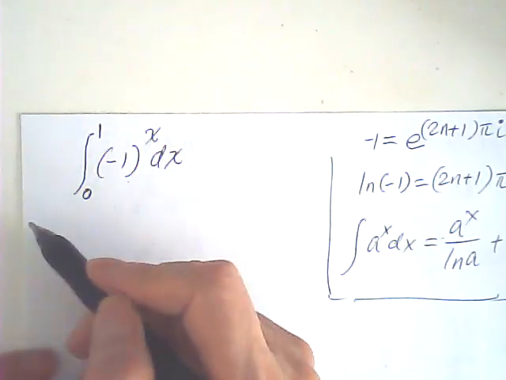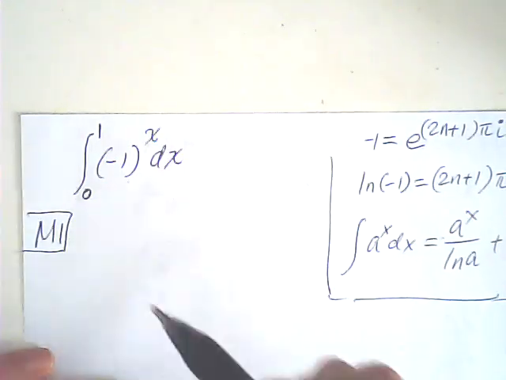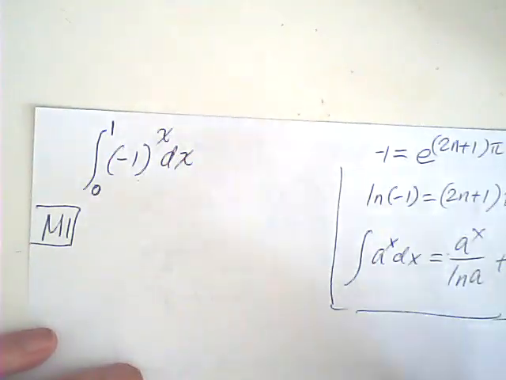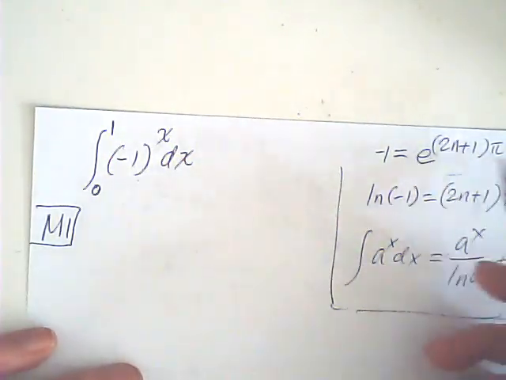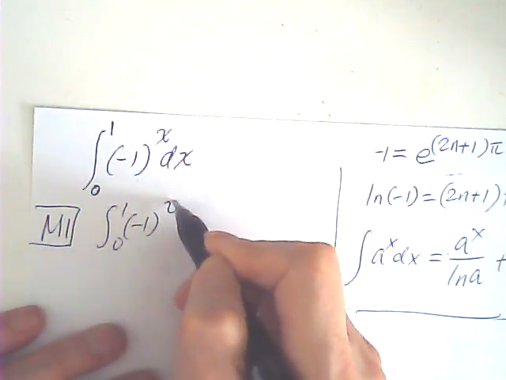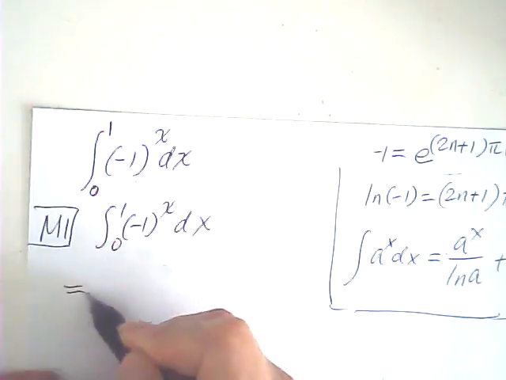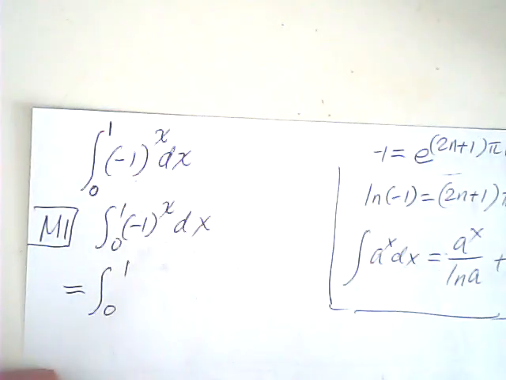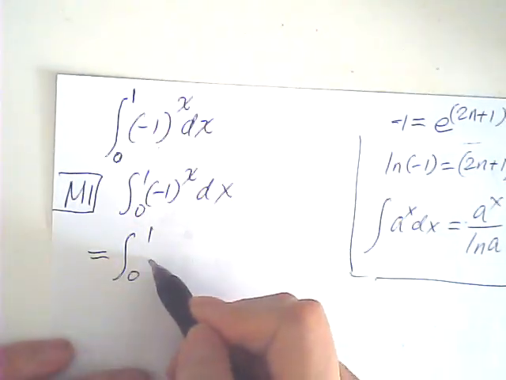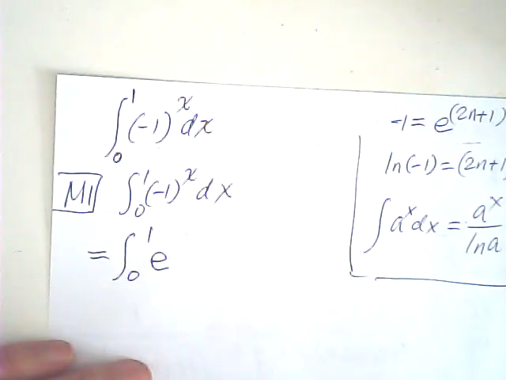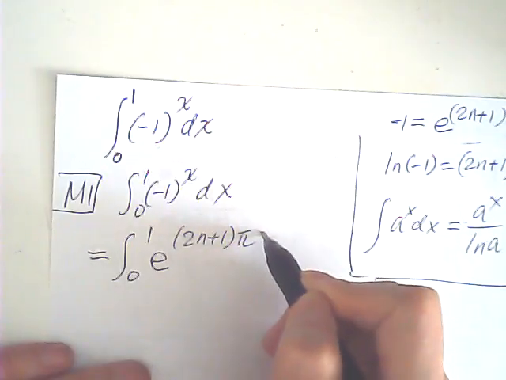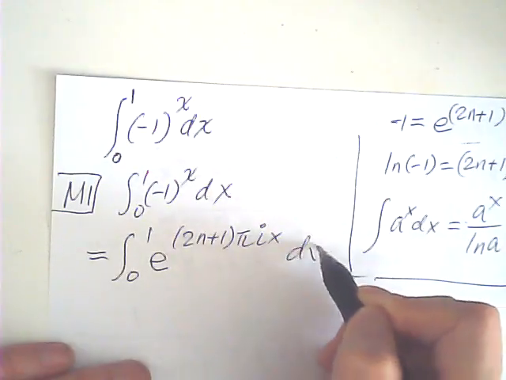method 1. I'm using this. The integral of negative 1 to the power of x dx is equal to, from 0 to 1, this negative 1 is e to the (2n plus 1) pi i x dx.